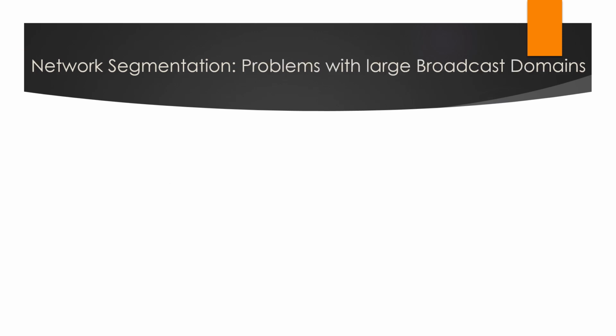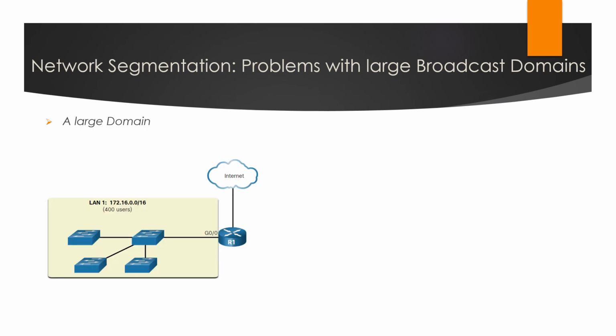A large broadcast domain is a network that connects many hosts. A problem with a large broadcast domain is that these hosts can generate excessive broadcasts and negatively affect the network.